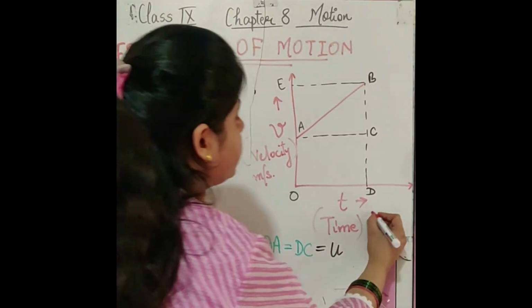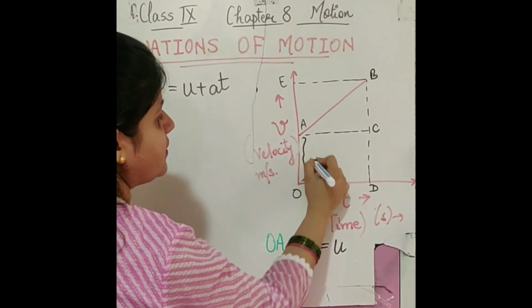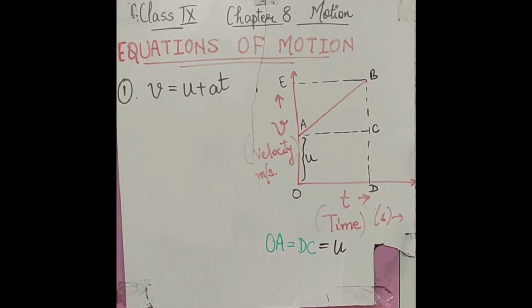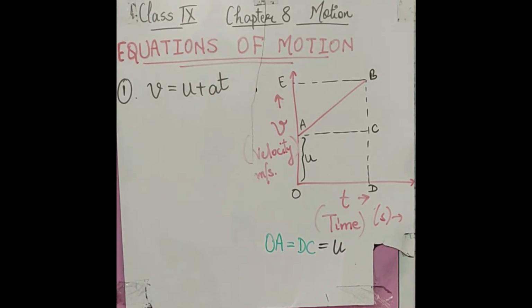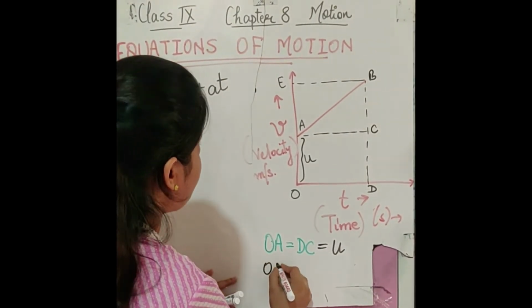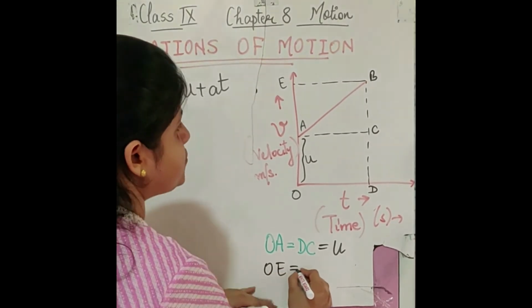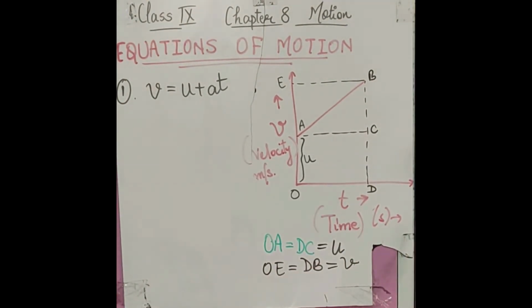Okay. So this is time in seconds. And now this is U. Then after this, the object has undergone uniformly accelerated motion, and at reaching point B, let's say the final velocity is V. So we can have OE equals DB equals the final velocity V. Clear?